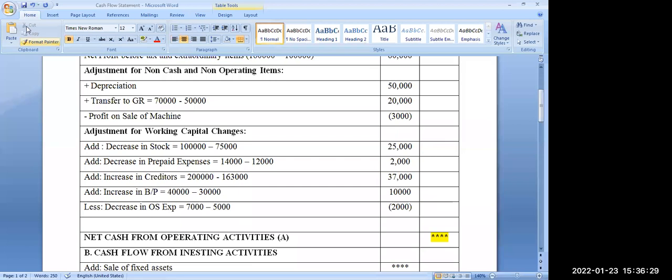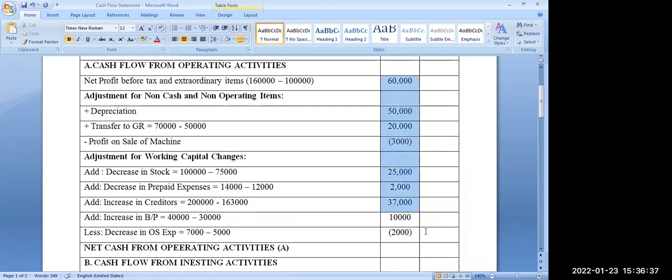Okay, what is the net result now? Net result of cash flow from operating activities. Find out this. Net cash inflow from operating activities, how much? Can someone quickly calculate and tell me? Increase in bills payable, yes, we have taken.